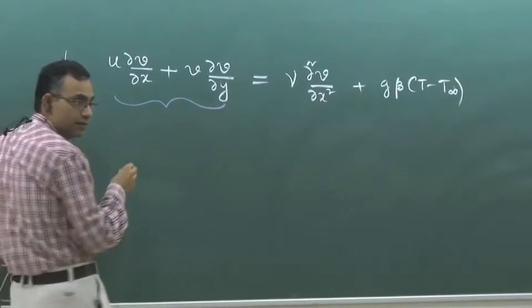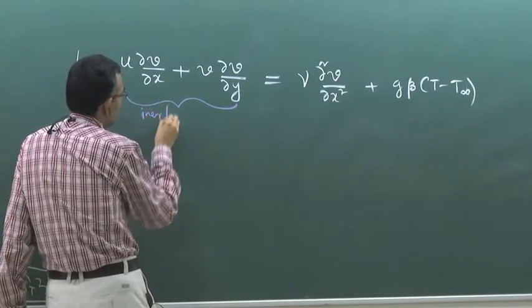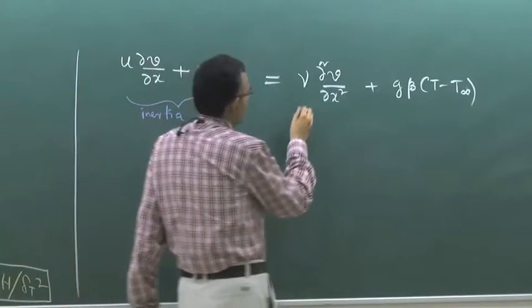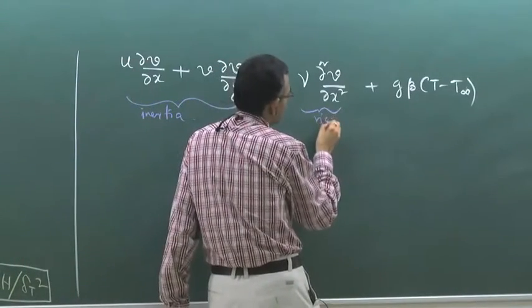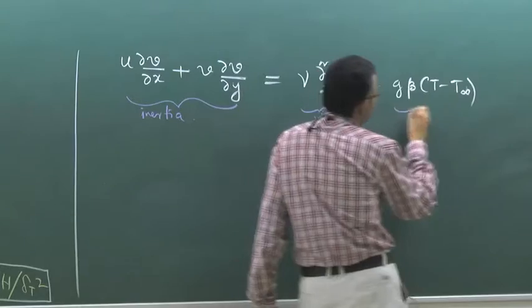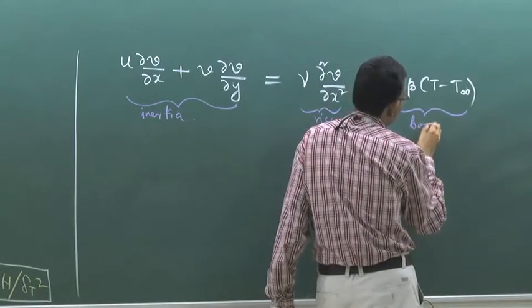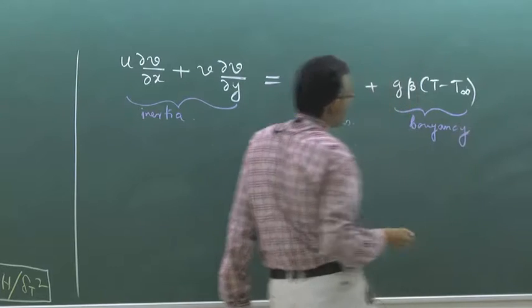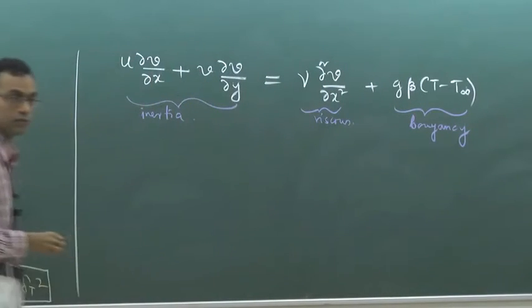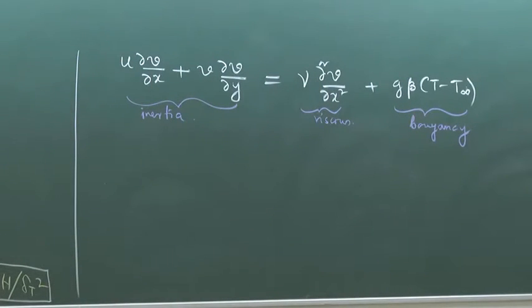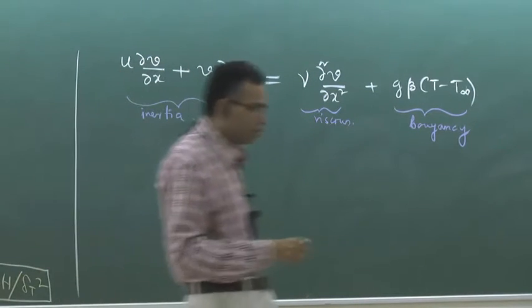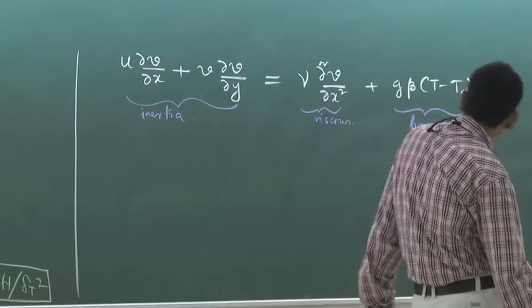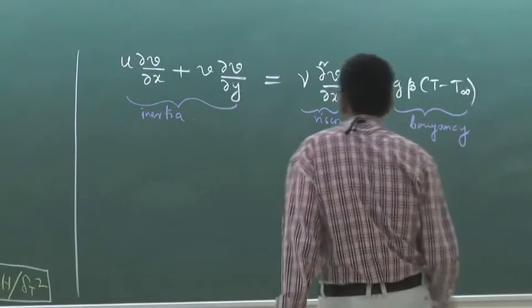This is inertia, this is viscous, and this is buoyancy. So, let us try to get order of magnitudes of these three terms.